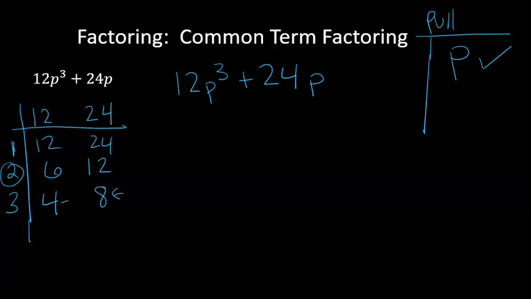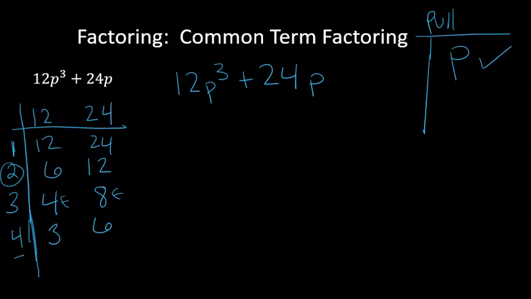These are even numbers, right? Let's try 4. So if I did 12, I'd get 4 and 3, I think that would work. And then if I had 24, I could do 6. This would work, but I can keep going.